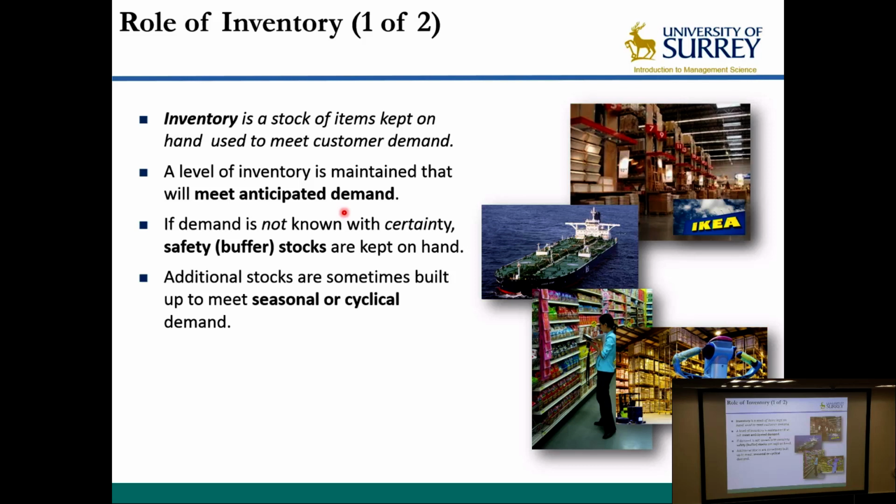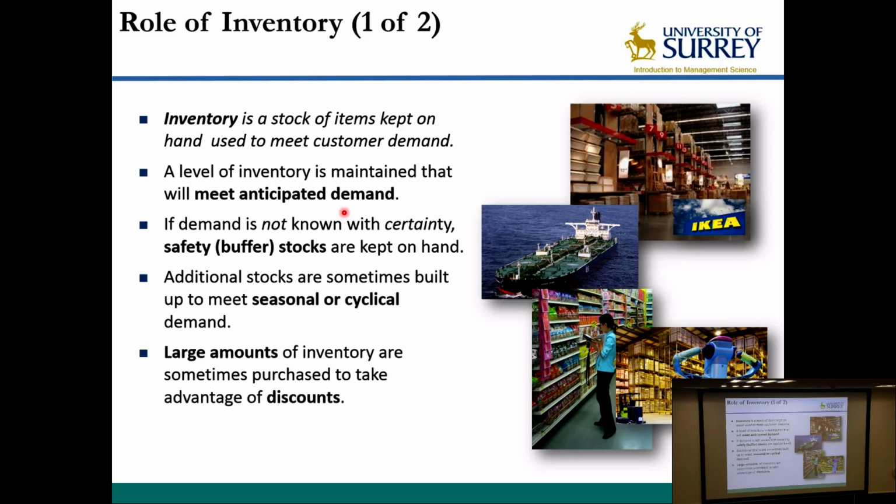We can also meet seasonal or cyclical demand. And from the viewpoint of cost, if you order a large amount of products from your suppliers, maybe you get some discount. That's the difference between retail and wholesale. That's also something we're going to talk about.